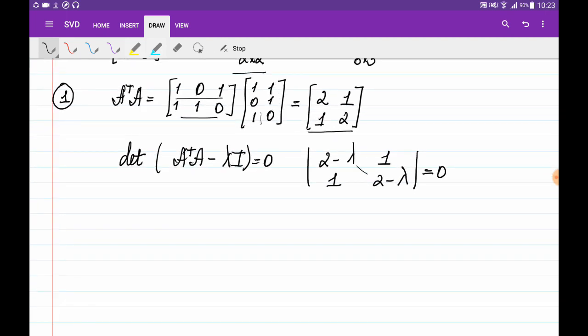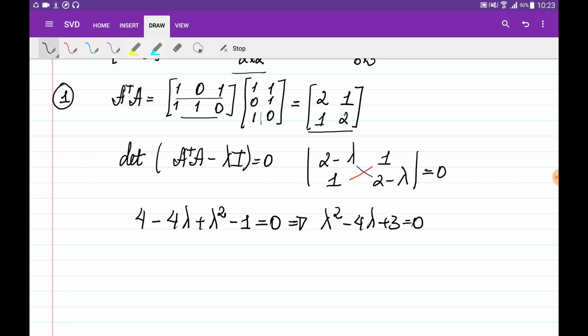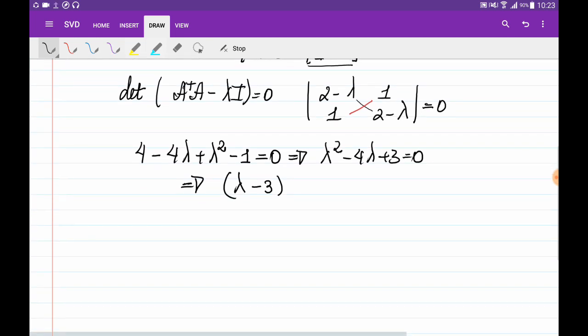Basically we need to multiply these entries minus this multiplication. 2 minus lambda squared is 4 minus 4 lambda plus lambda squared, minus 1 should be equal to 0. Then we have lambda squared minus 4 lambda plus 3 equal to 0, which leads to this equation. We can write it as a multiplication of lambda minus 3 and lambda minus 1 equal to 0.